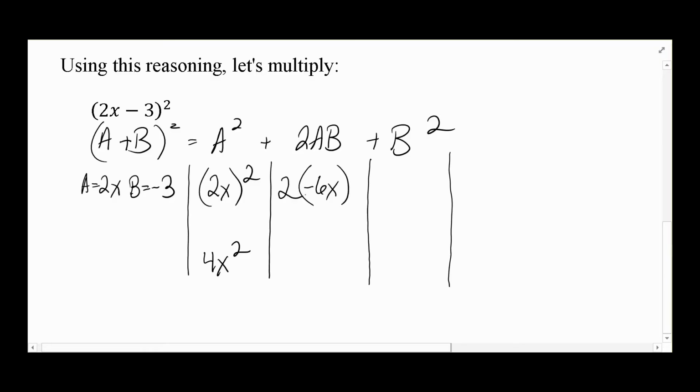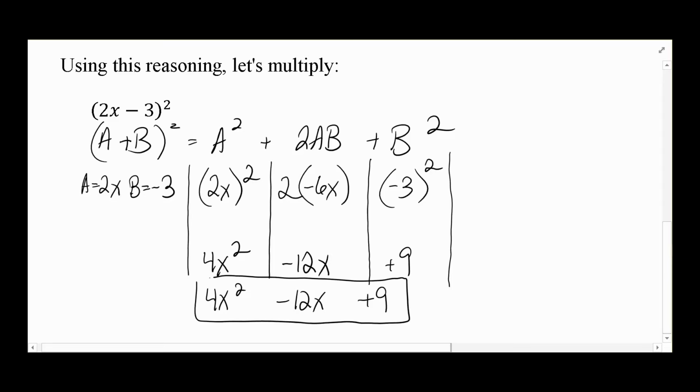And then we're going to double that, so we get negative 12x. And for our b squared, we take negative 3 and square it, and that's going to get us 9. So overall, we're getting 4x squared minus 12x plus 9, and that's how we multiply this out.